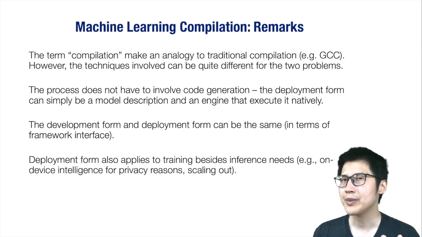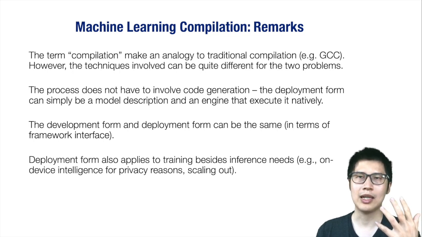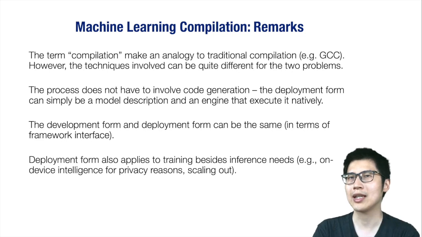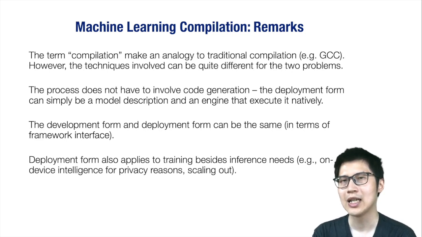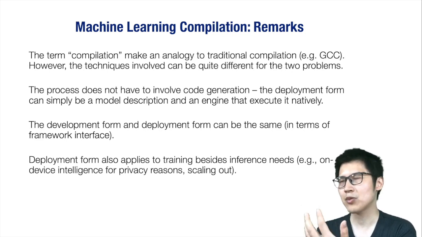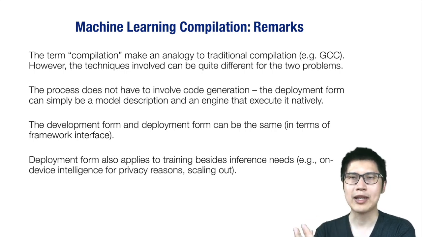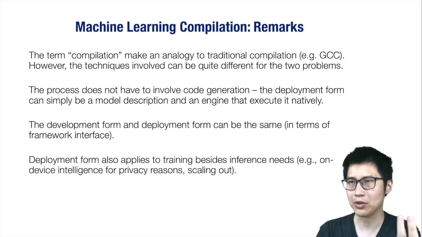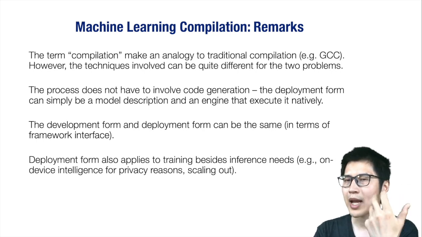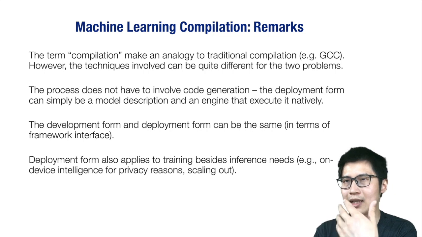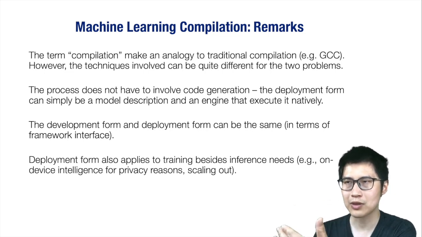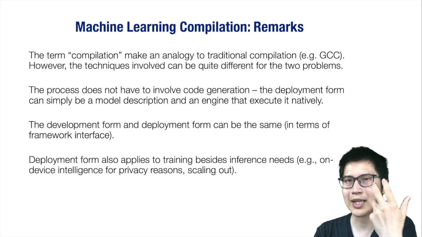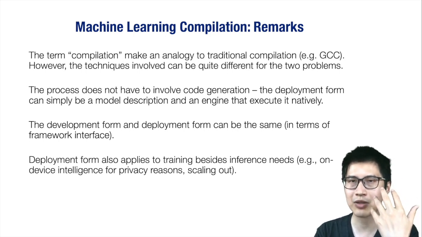Finally, when we talk about deployment, one thing I do want to remember is that in a lot of cases we are interested in a scenario called inference, which means that we build a model that comes with model architectures and model weights, and we're only interested in taking new inputs and making predictions using the model. However, the deployment form can also apply to other settings, like training the model itself. And it has become more and more popular nowadays when we start to generalize some of our artificial intelligence applications.